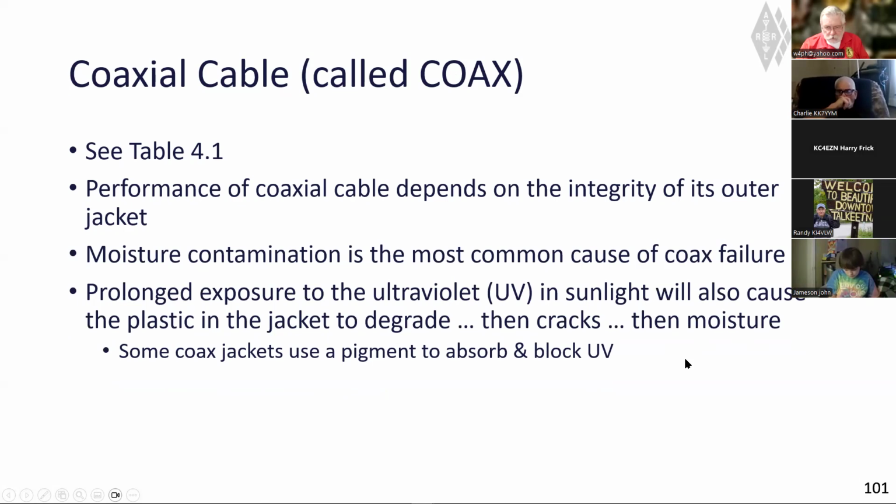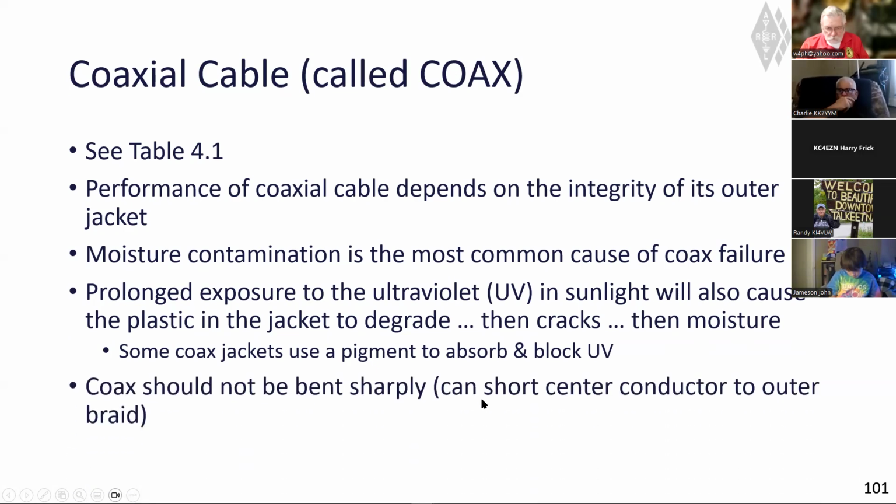Some coaxial jackets use a pigment to absorb and block UV. Coax should not be bent sharply, as that can shorten the center conductor to outer braid distance and cause an impedance mismatch.